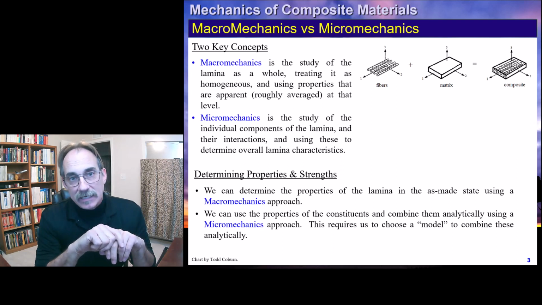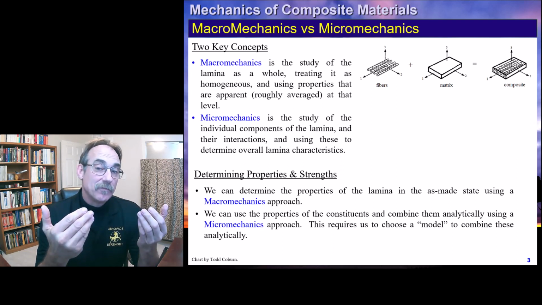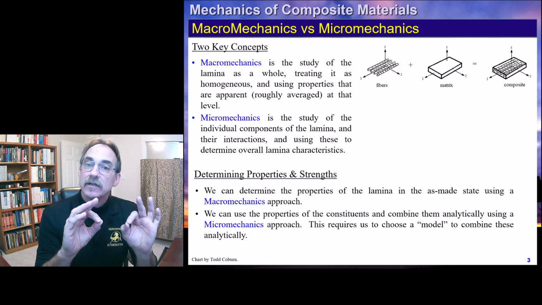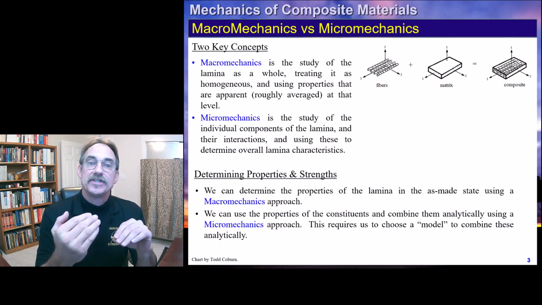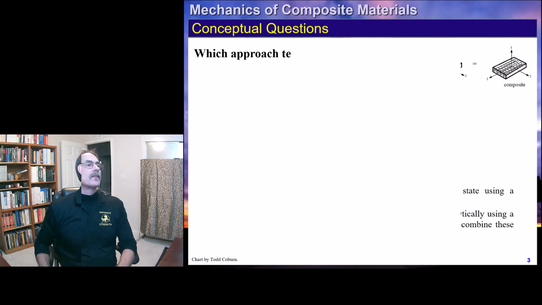That's the macromechanics method. Micromechanics, the way we're going to use that term, is looking at those constituent parts, what their properties are, and how we can estimate the stiffness and strength for the lamina. That's what we're going to do.